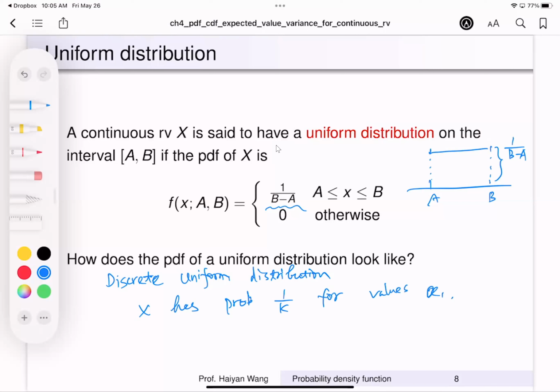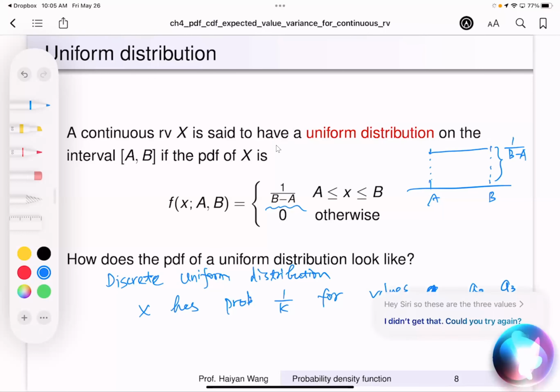Let me call it a1 so you don't get confused between the random variable and the value. So these are the 3 values, and all of them have an equal probability. Sorry, I'm not sure about that, it should be 1 over k.